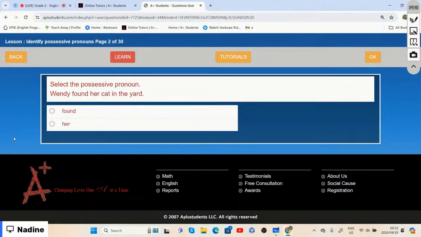So Wendy found her cat in the yard. All right, then if we select the possessive pronoun, we're going to say it is her, right?